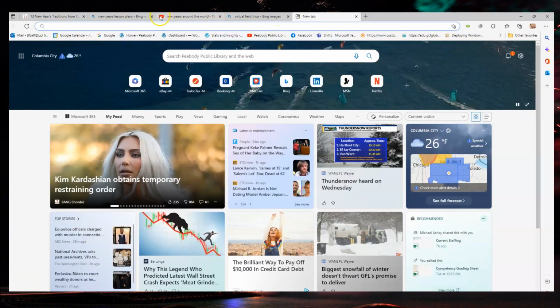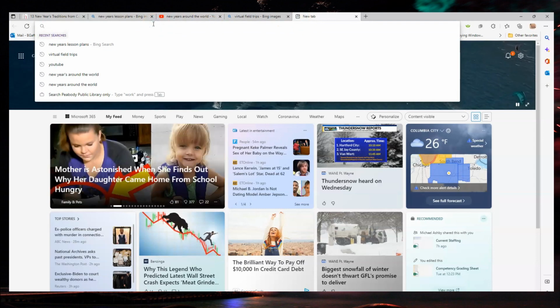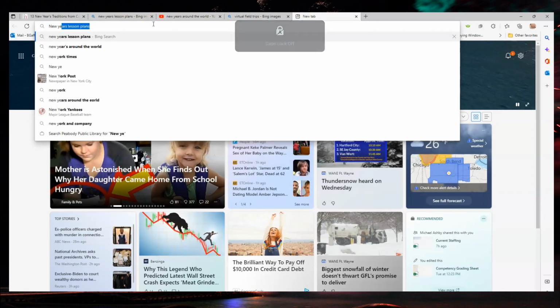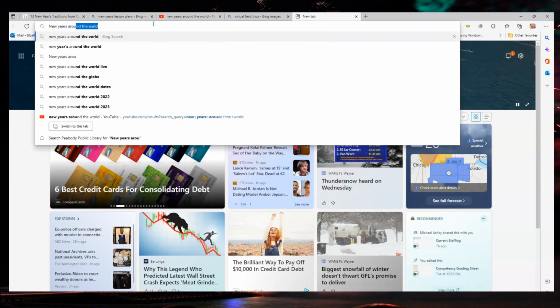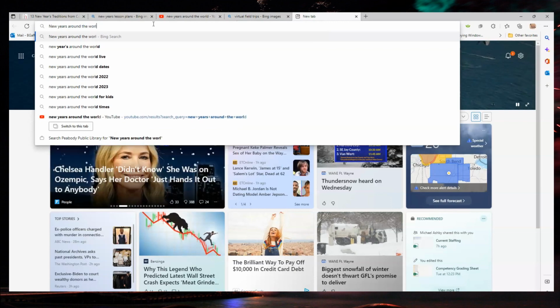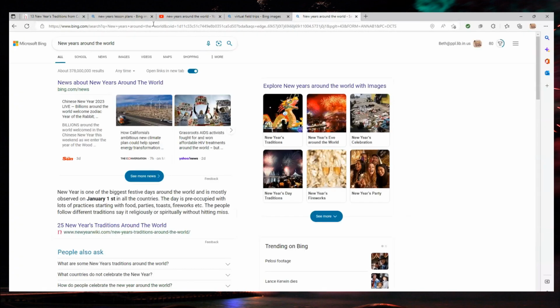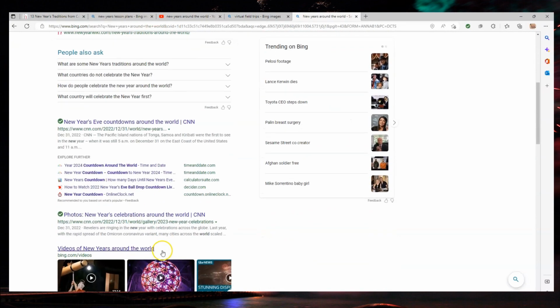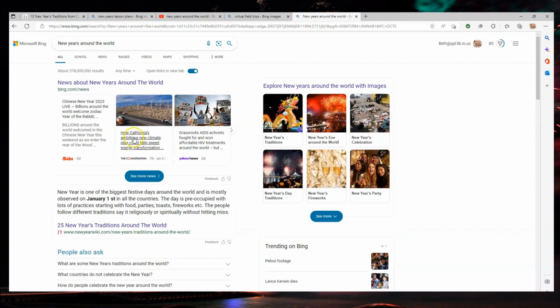All I simply did was go into my search engine and I typed in New Year's around the world. Once I got there, I was able to get all of this. Now, once I'm in here, I can determine what it is exactly I want. Do I want images? Do I want information?